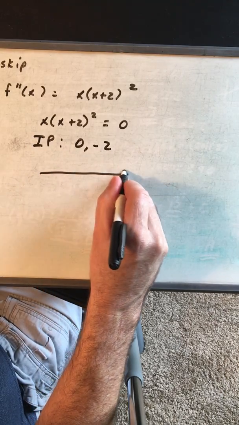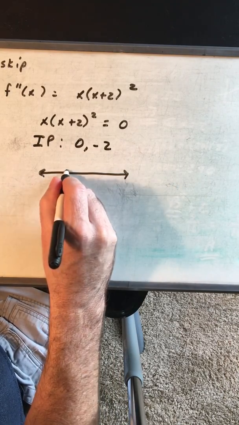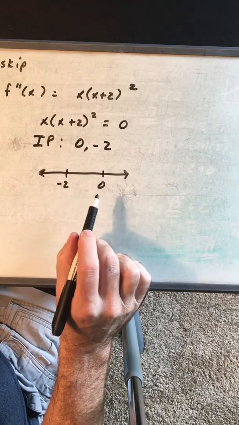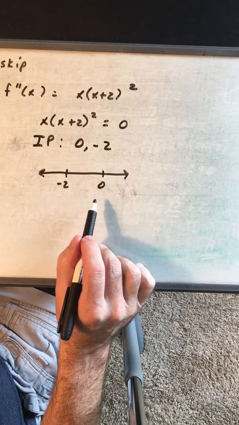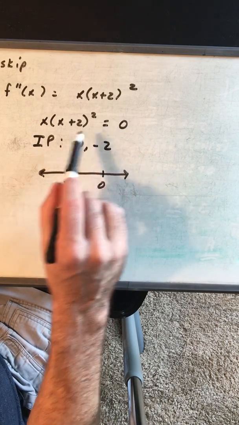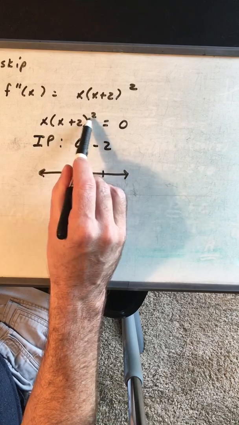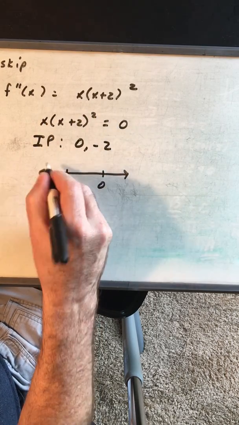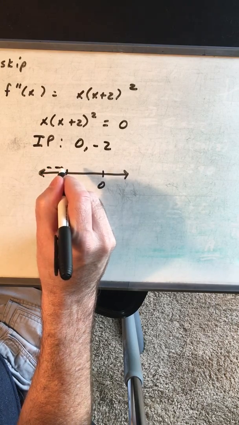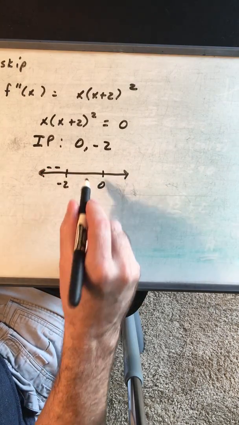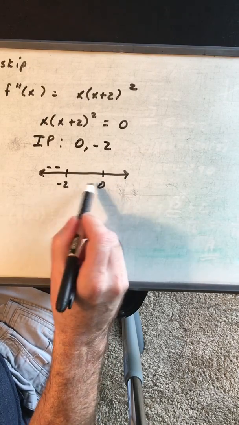So let us do a sign line with our inflection points, negative 2 and 0. To the left of negative 2, let's say negative 10, this portion's always going to be positive. Negative times a positive is negative, so that part is concave down. Let's pick negative 1 for this interval.